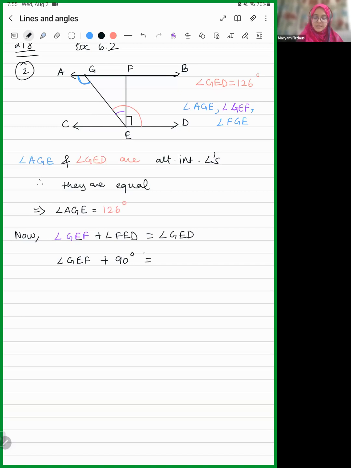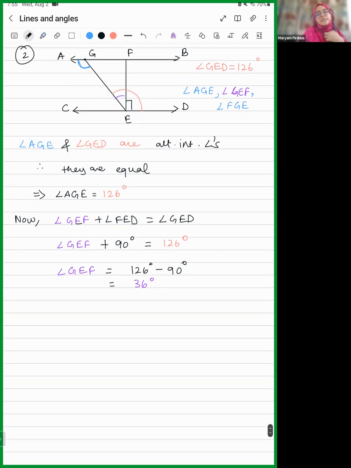And angle GED is already given to us as 126 degrees. So angle GEF is going to be 126 minus 90, which is 36 degrees. Fine, clear till here? Yes, ma'am.